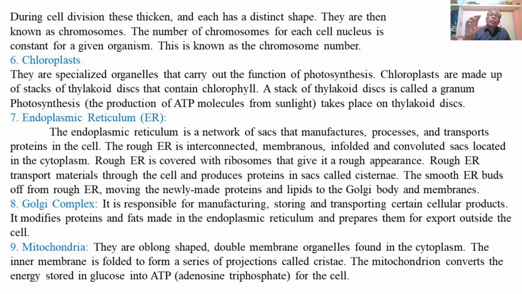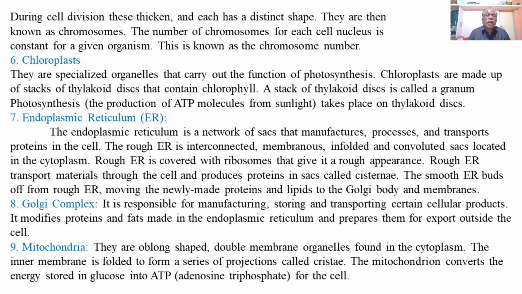So mitochondria present in the cytoplasm of the plant cells perform the function of energy synthesis, means performing the pathways to oxidize the glucose and transform it into ATP or the energy for the cells.